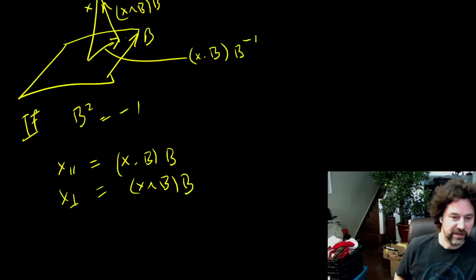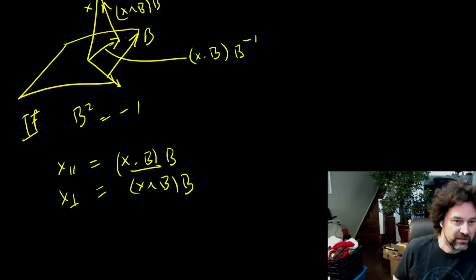So if that was the case, then you see that this illustrates why x dot b is this component here, or this component here.